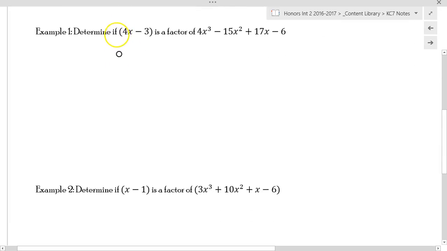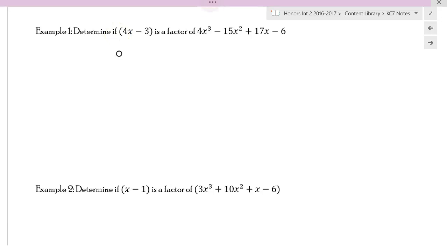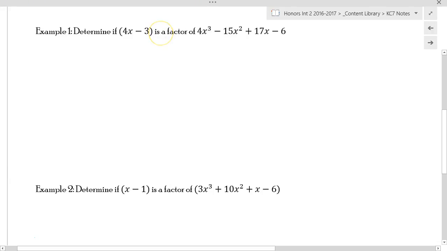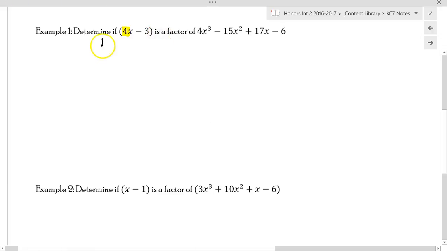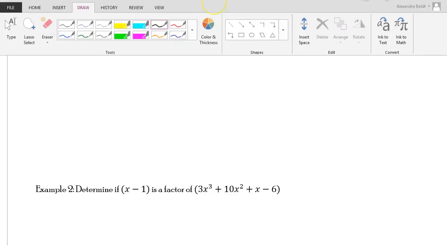Okay. Example 1. Determine if 4x minus 3 is a factor of 4x cubed minus 16x squared plus 17x minus 6. Okay, the first thing I have to decide is, am I going to use long division or synthetic division? Since there is this 4 in front of the x, we have to use long division.